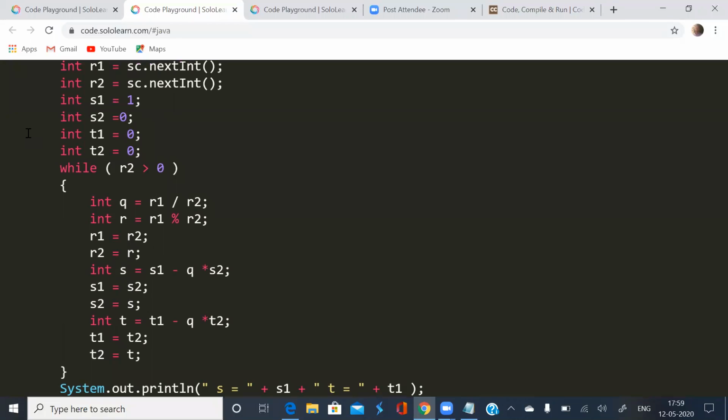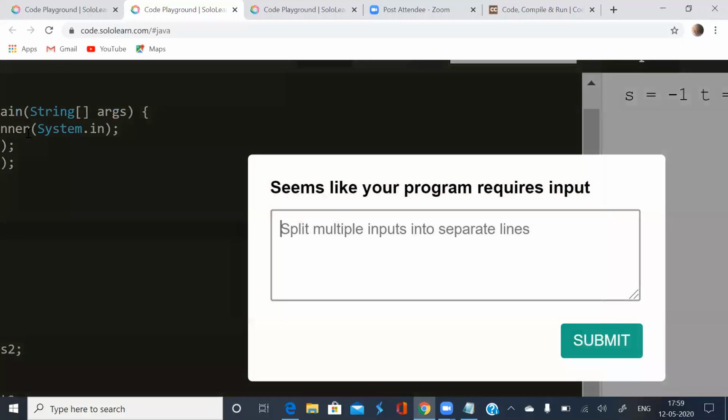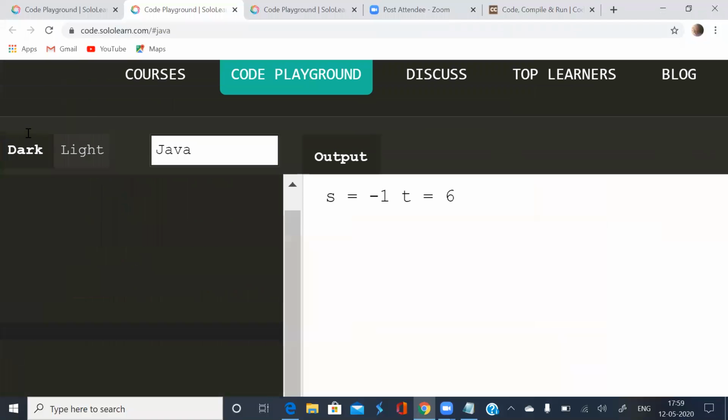Initially T1 is 0, T2 is 1. Now 161 and 28. At last we got the values, okay.